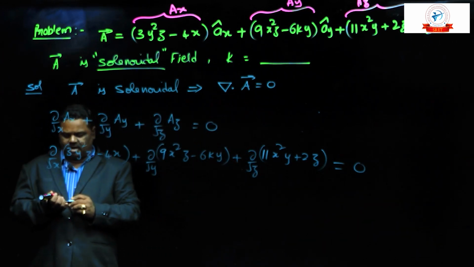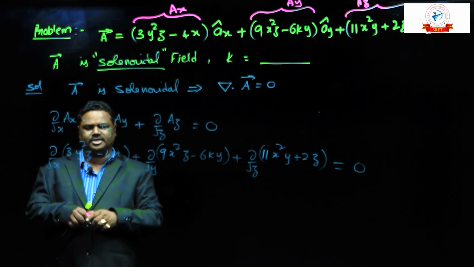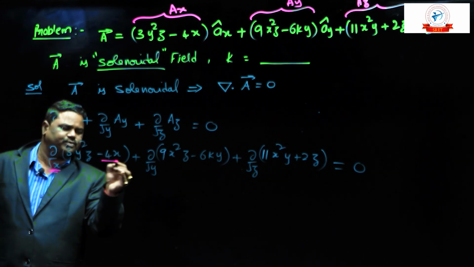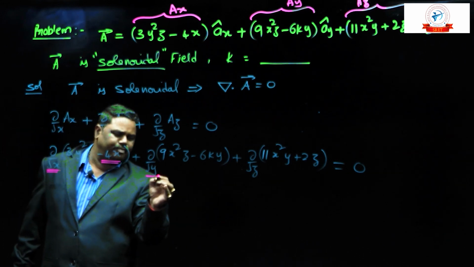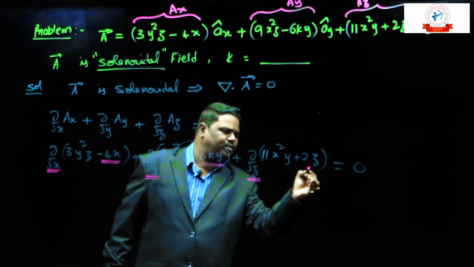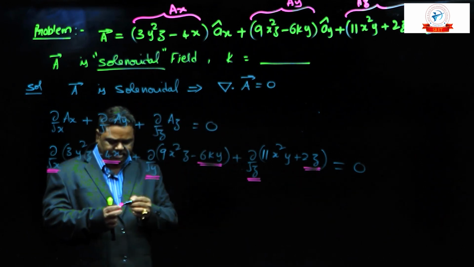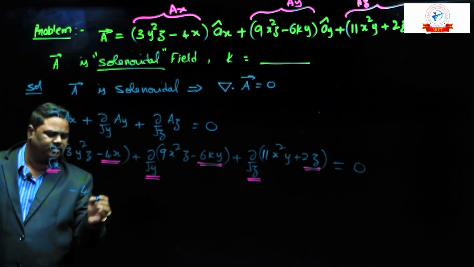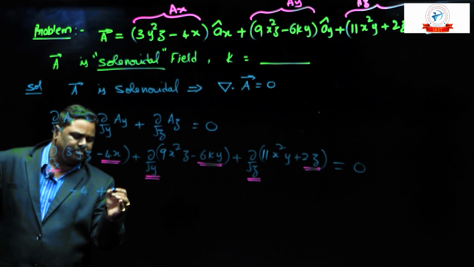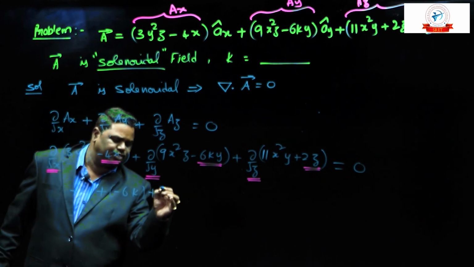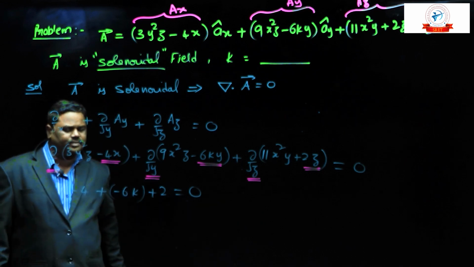Here if you observe, all the differentiations in this equation are partial differentiations. So dou by dou x differentiates only x terms, dou by dou y differentiates only y terms, and dou by dou z differentiates only z terms. Hence, the differentiation will be minus 4 from the first term, minus 6k from the second term, plus 2 from the third term, which is equal to 0.